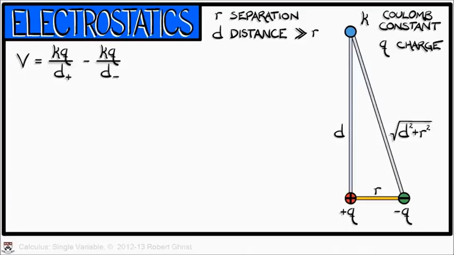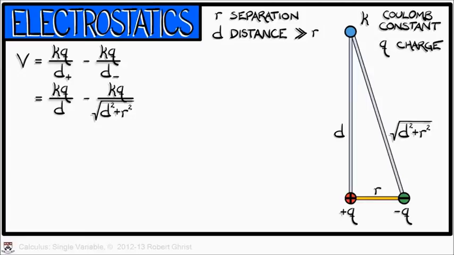That means that the distance to the negative charge is, by Pythagoras' theorem, the square root of d squared plus r squared. So that in computing V, we get kq over d, the positive charge distance, minus kq over the square root of d squared plus r squared.